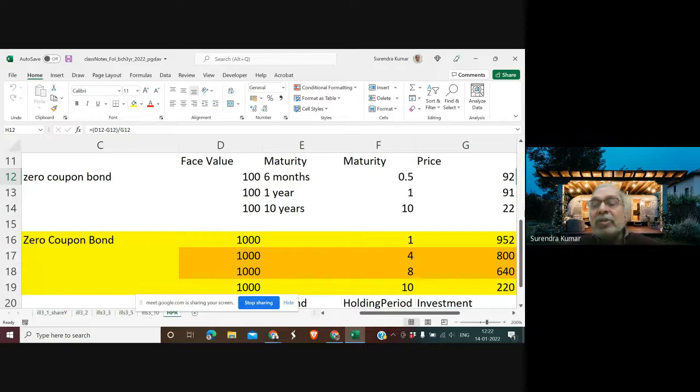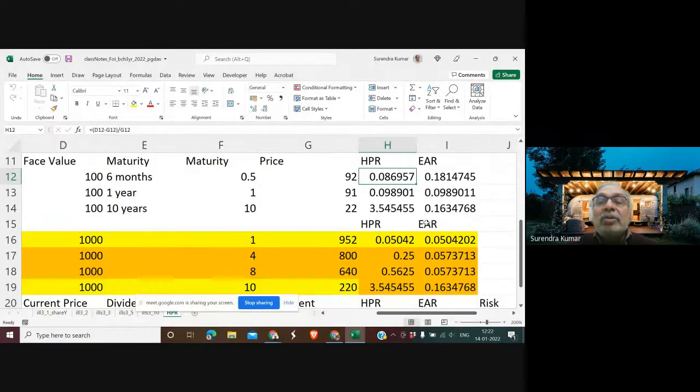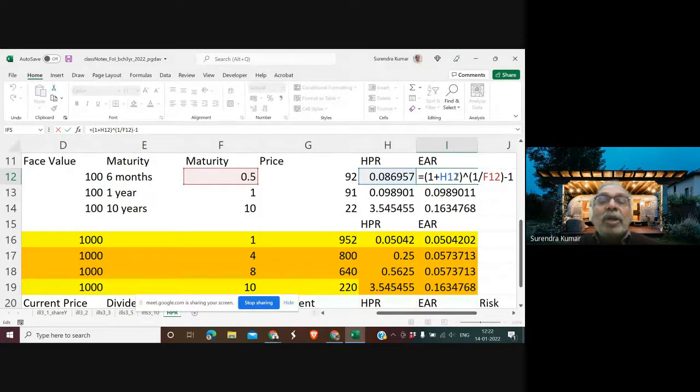So we do this calculation based on the understanding that we got, right? We do a calculation of effective annual rate. This is how we are doing the calculation of effective annual rate. The formula is same.